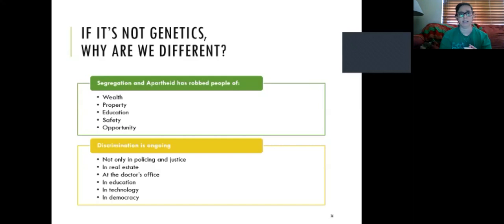In technology, I've seen stories of soap dispensers. We've all had to wash our hands just like a crazy amount lately. And I really love those no-touch soap dispensers that you just put your hands under and the soap comes out and you don't have to touch anything. But if the sensor cannot recognize dark skin, then that makes it harder for you to wash your hands.